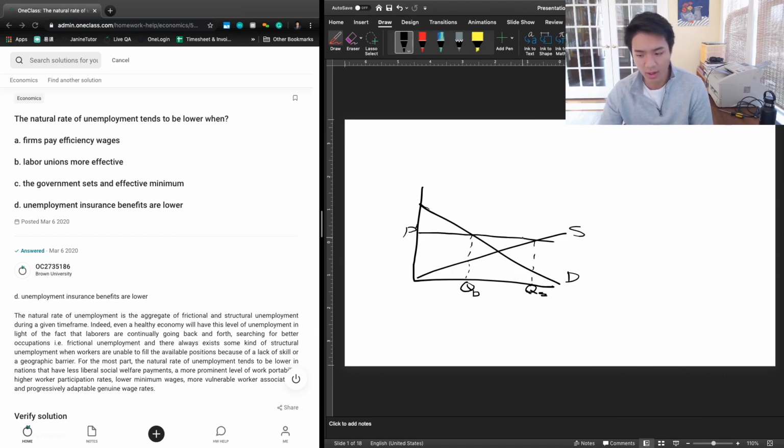And so firms might just decide that it's better for them to pay higher than equilibrium level wages. And so looking at answer choice A, firms pay efficiency wages, on the graph we would see the exact same thing. We would still see that price is above equilibrium level contributing to unemployment, and if this is contributing to structural unemployment, we know the natural rate of unemployment is going to be high as well. And so A is not going to be the answer.